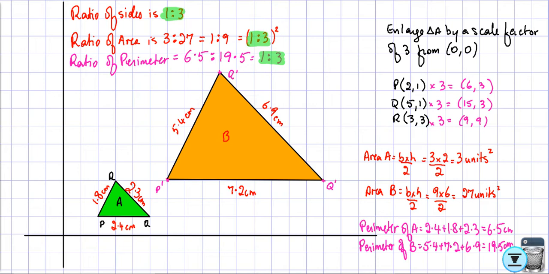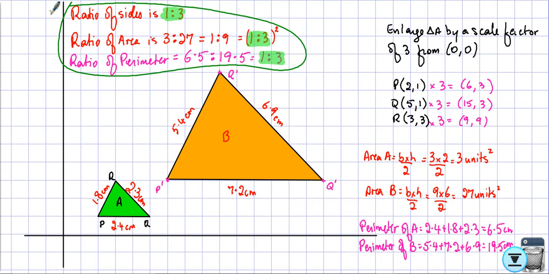So what's very important from here? From here I can get the following information, which I have highlighted here. That is a very important piece of information. I'm going to write it again on a new page and explain it a little bit more. We have found that the ratio of sides is equal to the ratio of the perimeter.